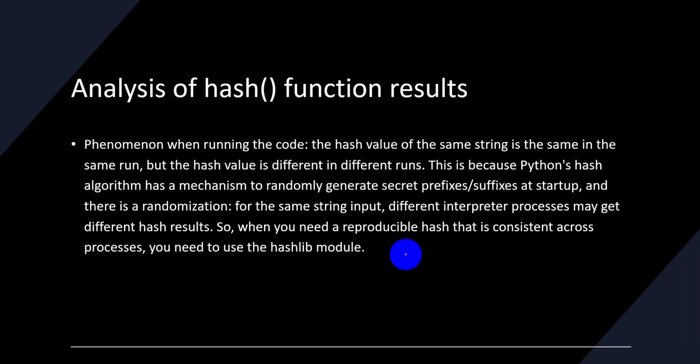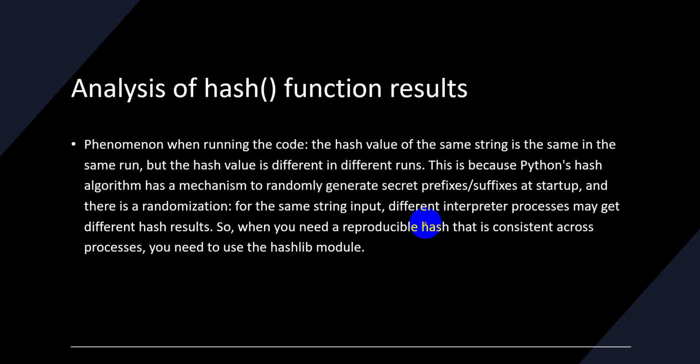This is because Python's hash algorithm has a mechanism to randomly generate secret prefixes or suffixes at startup, and there's a randomization. For the same string input, different interpreter processes may get different hash results. So if we use the built-in hash function, every time we run it, we will get a different result because it generates these prefixes and suffixes that it doesn't tell us.